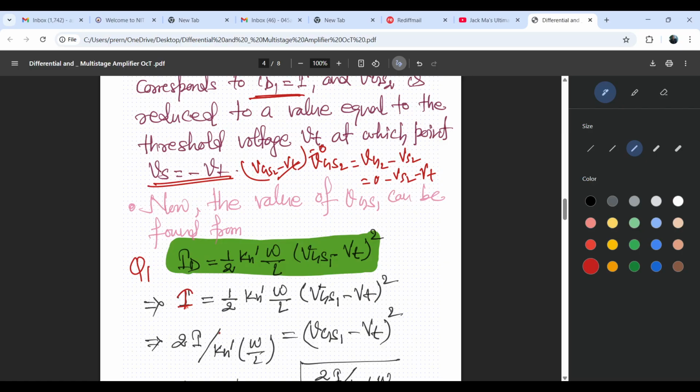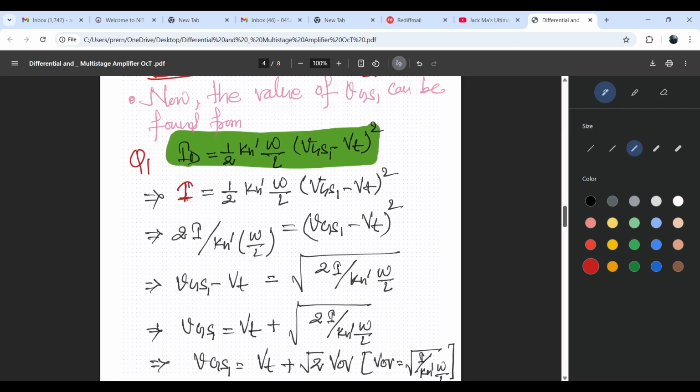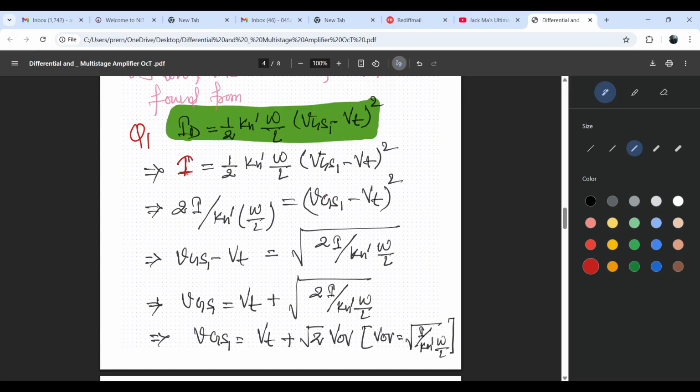So twice I over Kn dash W by L equals (VGS minus VT) whole square, and this value is simply the overdrive voltage, the square root of twice I by Kn dash W by L. Then VGS1 we can write as VT plus root 2 VOV.